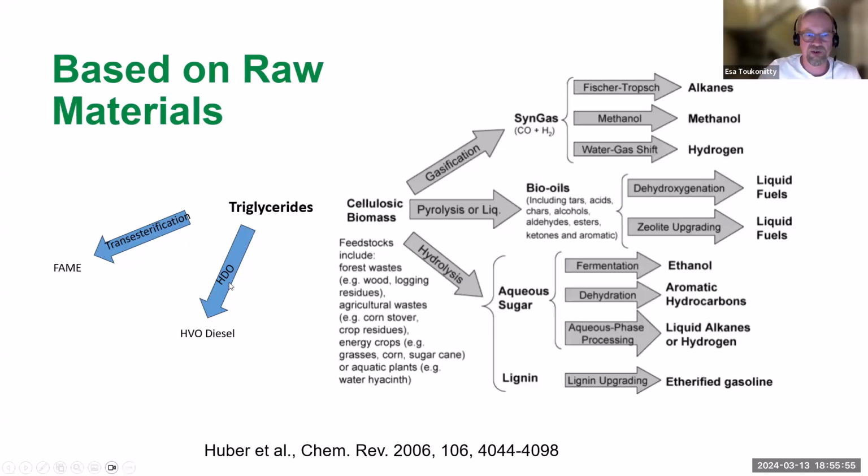Then there is the more advanced process, this HDO, hydrodeoxygenation, which removes oxygen functionalities from those same types of triglycerides. And then we get this better quality HVO, hydrotreated vegetable oil, diesel, for example.